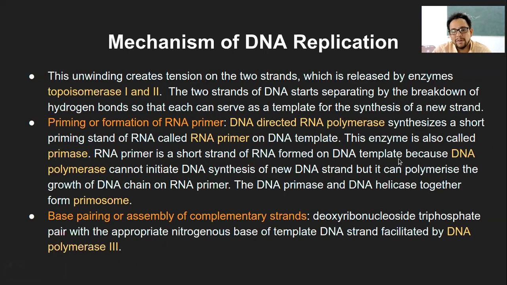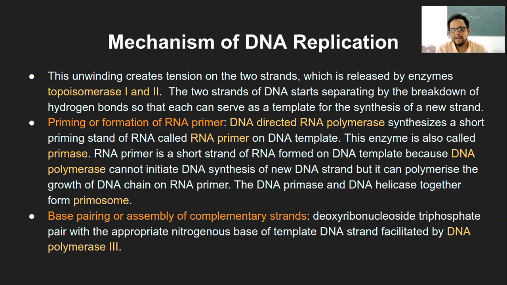Now why is this required? Because DNA polymerase itself cannot initiate the synthesis of a new DNA strand. It's something like, if you have to build something, you need some reference structure to start from, right? Reference structure does not mean the template, but something to start the process forward. That is exactly what the RNA primer does.